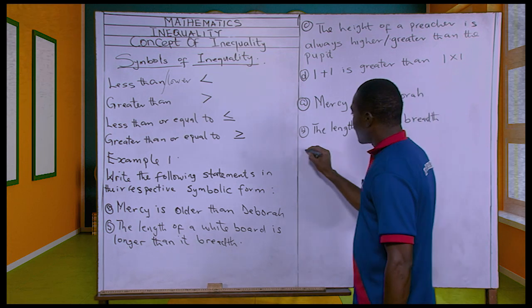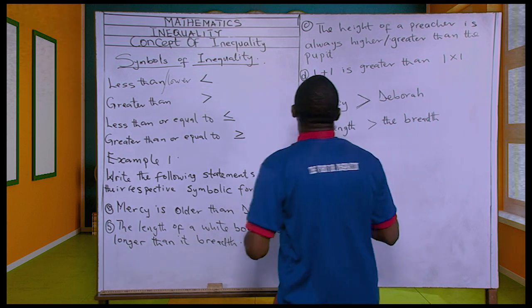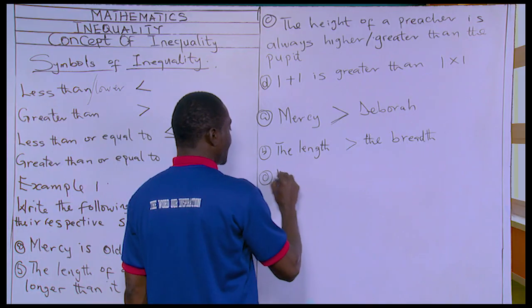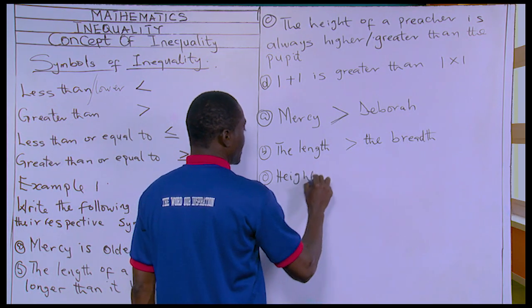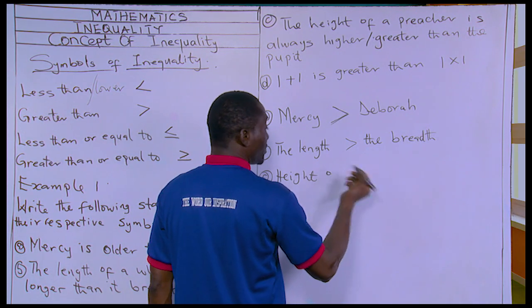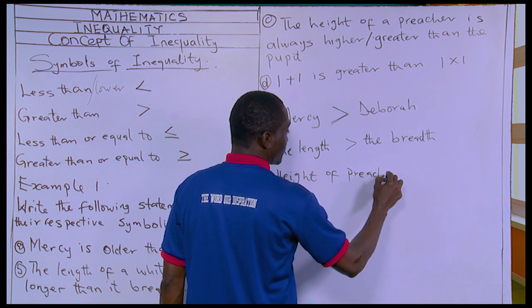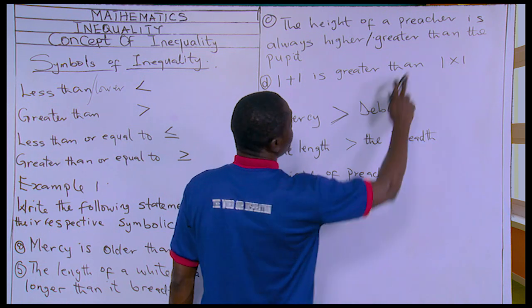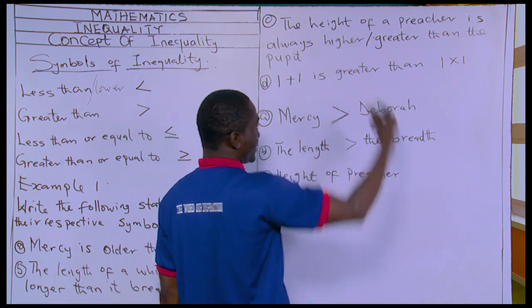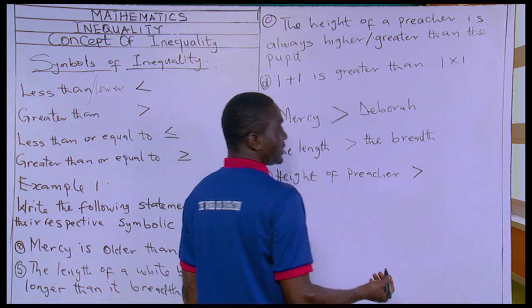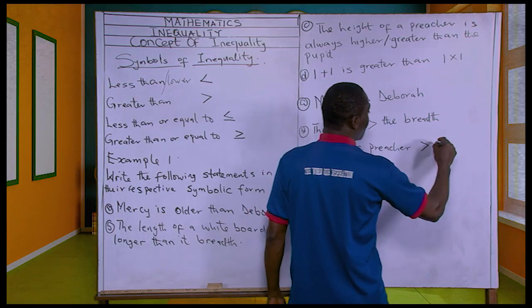That is that. C. The height of a preacher is higher. That is this symbol. Than what?